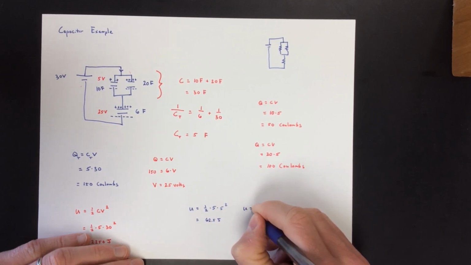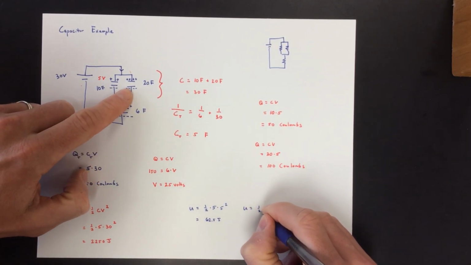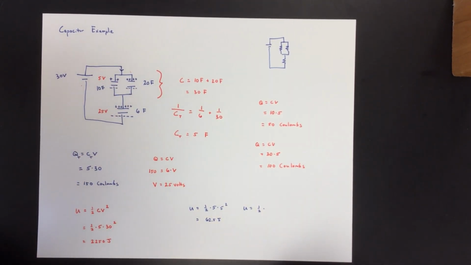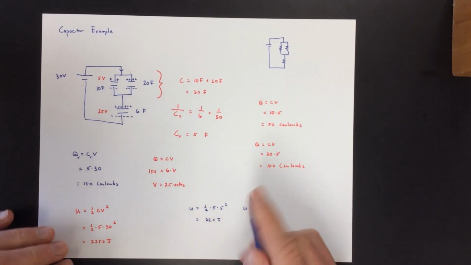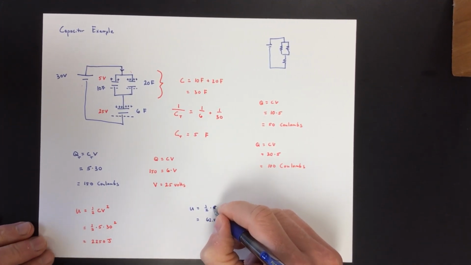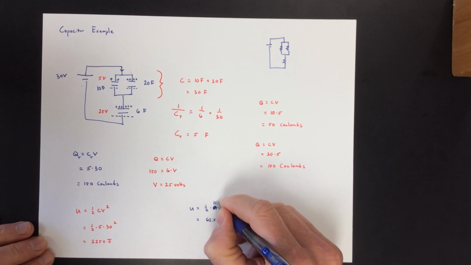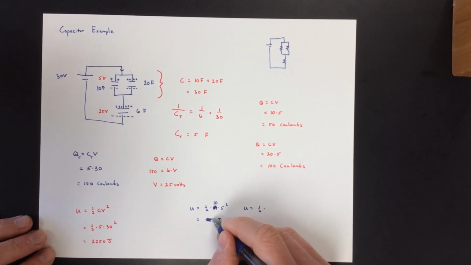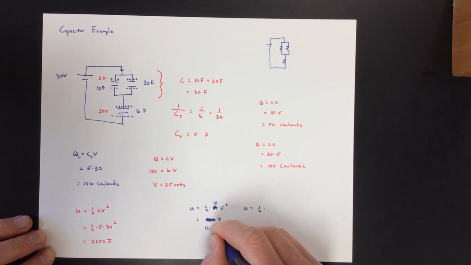The energy stored in this guy is 1/2 C. Oh no, I made that mistake. Check it. This is 1/2 CV squared. 1/2 C, that's a 10 farad, times V squared was 5. So this was actually just 125 joules.